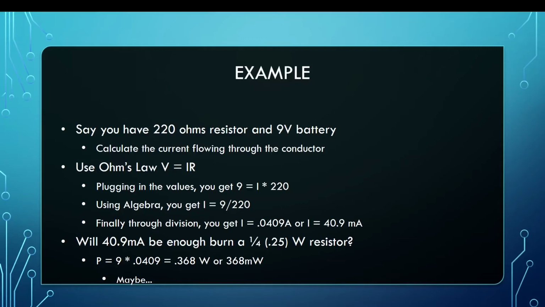So P equals 9 times 0.0409 equals 0.368 watts, or 368 milliwatts. It's a little higher than 0.25, so it's not going to burn the resistor quickly. It might burn it slowly, or probably not burn it at all. If it's dramatically higher, like a watt or 2 watts, then yes, absolutely.